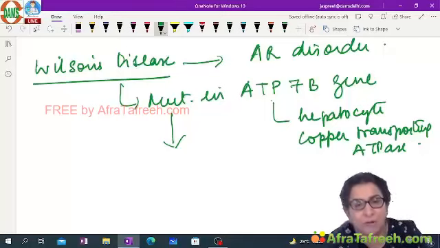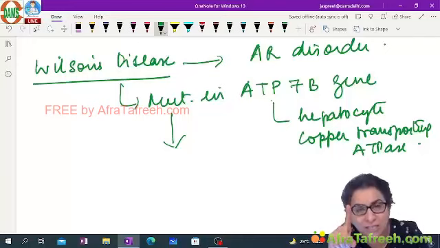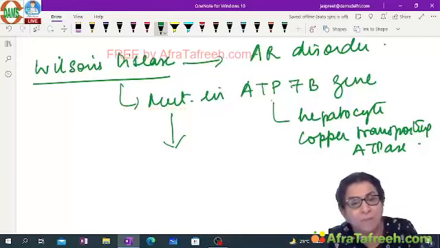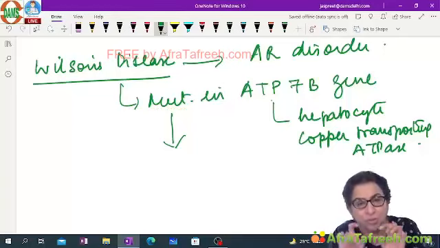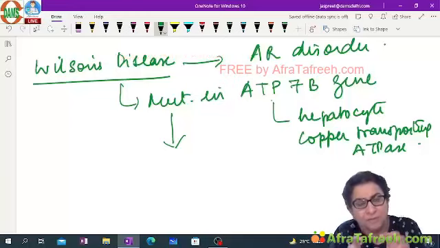Ceruloplasmin will not be formed, so ceruloplasmin levels will decrease. Tissues will not get copper bound to ceruloplasmin. How do tissues get copper? They get copper bound to ceruloplasmin.